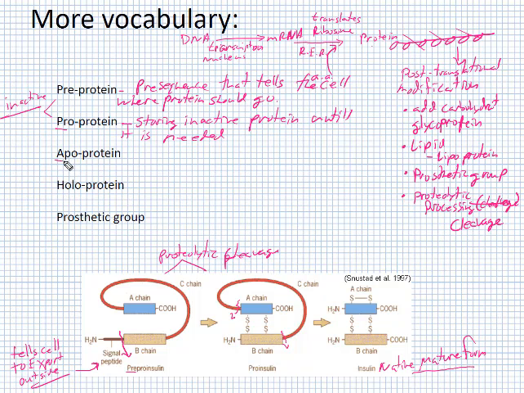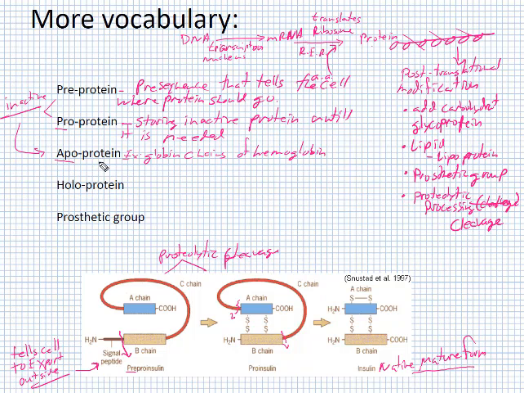Then we have apoproteins. A good example of this would be the globin chains of hemoglobin. All right. So apo, also inactive.